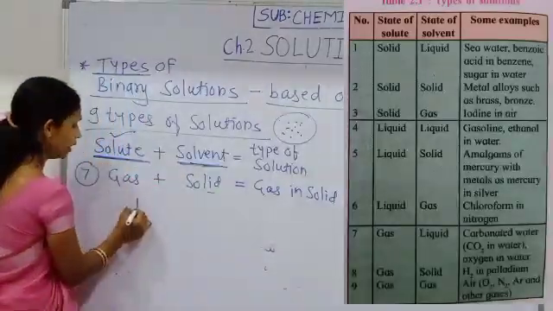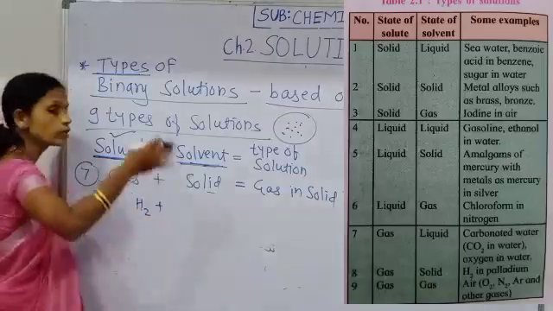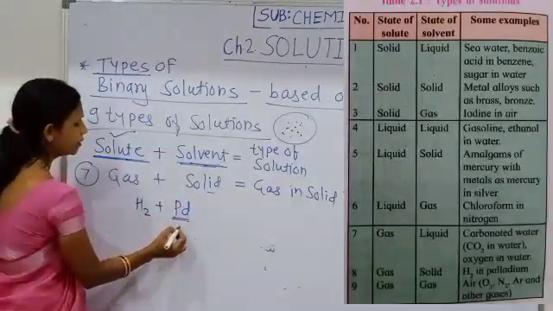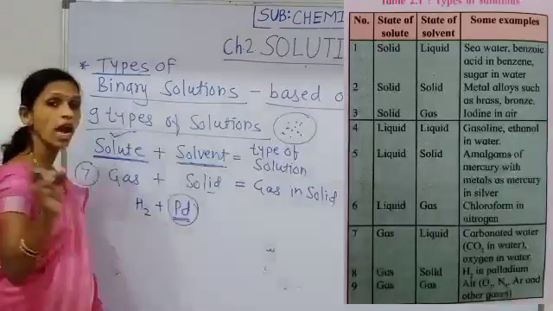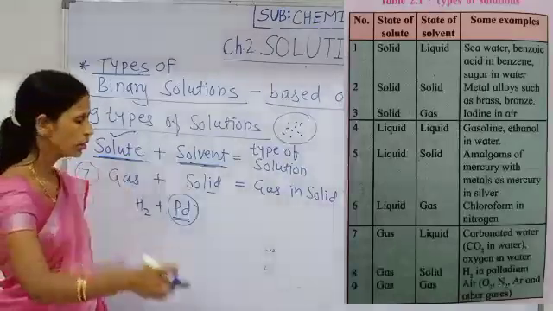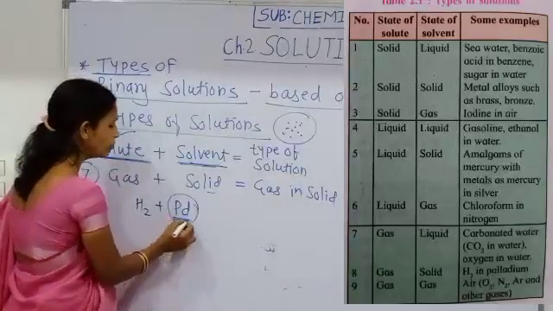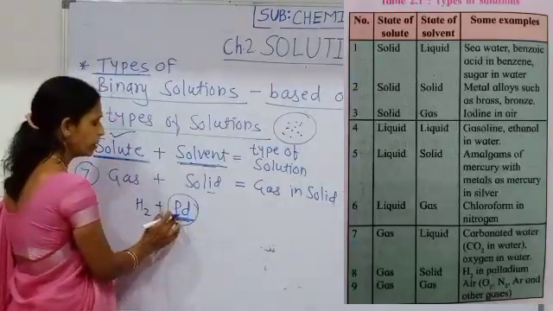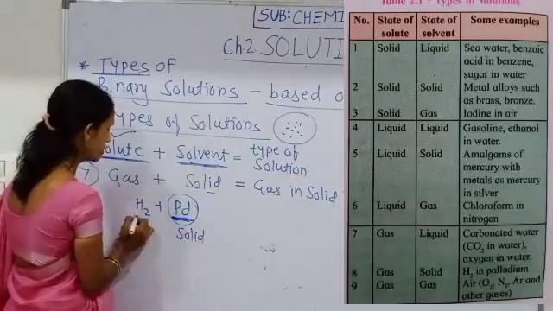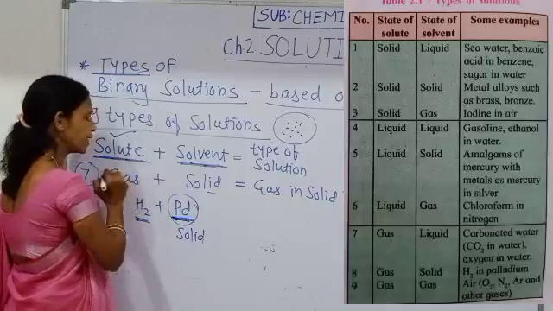See here, H2 gas adsorbs on palladium, which is one of the transition elements present in the d block of the periodic table. Palladium is a transition metal present in solid state, whereas H2 gas is present in gaseous state.